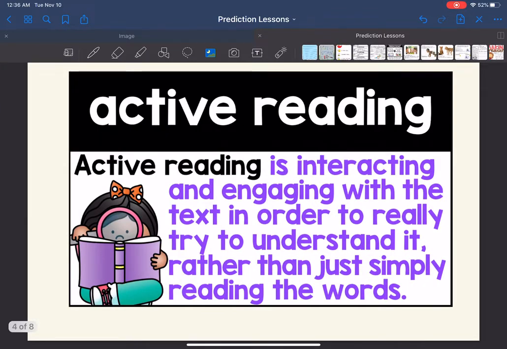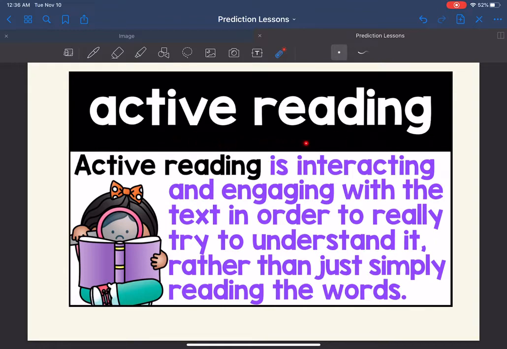So to do that, boys and girls, one of the first things we have to do is be active readers. While you are at home, during your independent reading time, you're going to want to work really hard at being an active reader with your workshop book or your workshop book on Epic.